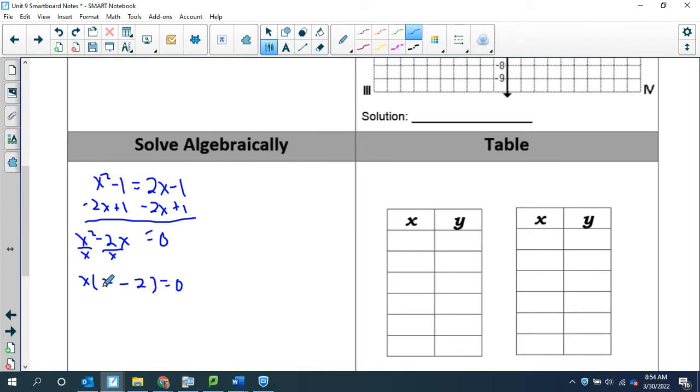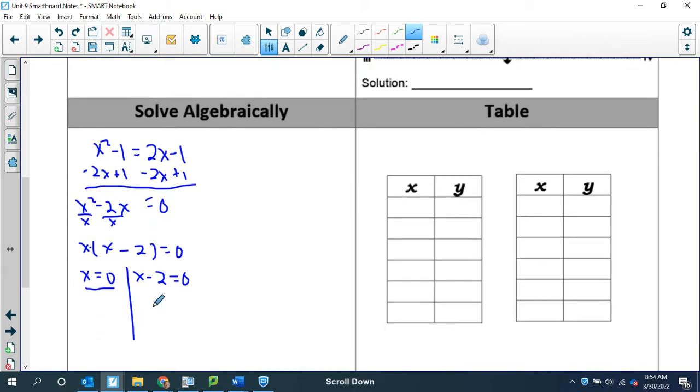I can't factor inside there any further, so I'm going to set each of my factors equal to 0. Remember, factors are separated by multiplication, so I'd have x equals 0, and then x minus 2 equals 0. So one of my x values is already here at 0. The other one I'm going to have to add 2, so my other x value would be 2.